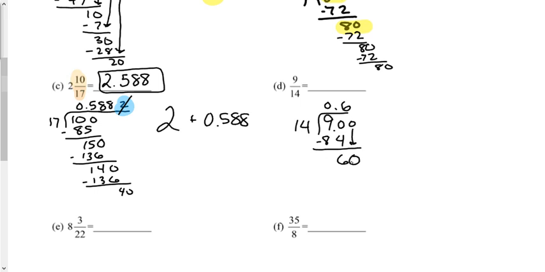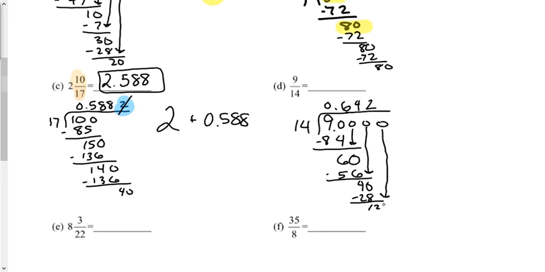So 14 goes into 60, 4 times. 16. Okay. I'm going to bring the next one down. 14 goes into 40 only 2 times. So that's 28. I'll bring the next one down.